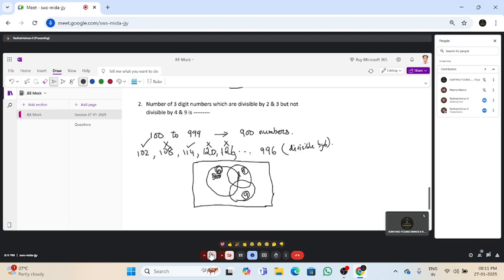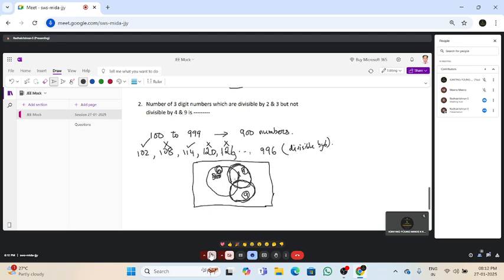Okay. So now can we mark which area is divisible by 6 but not divisible by 4 and 9, meaning not divisible by 4 and not divisible by 9? If you look, it has to be outside of this circle, because all of these are divisible by 4, and similarly these are divisible by 9. So it has to be outside both.